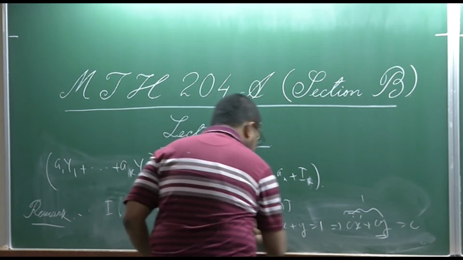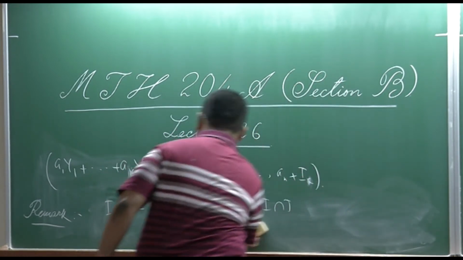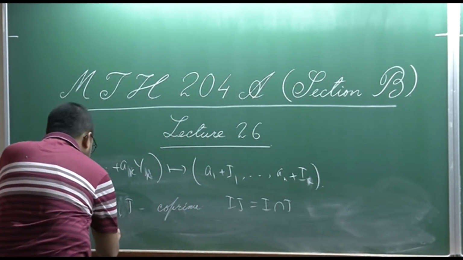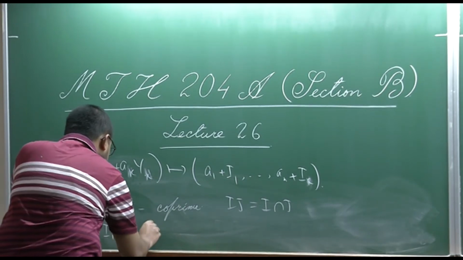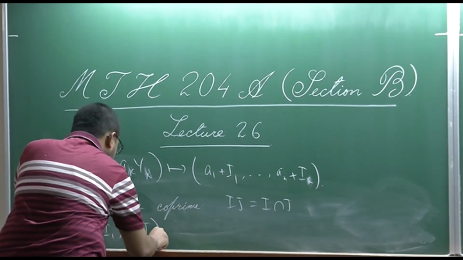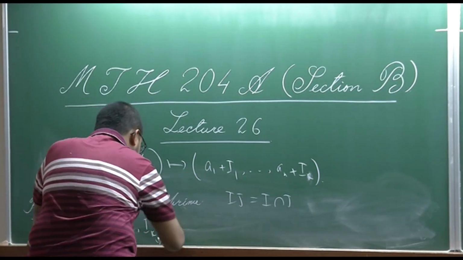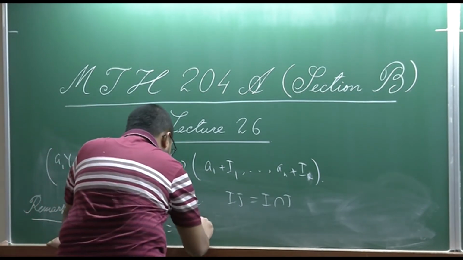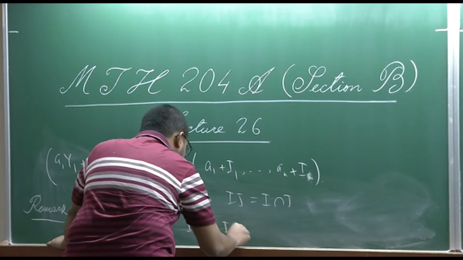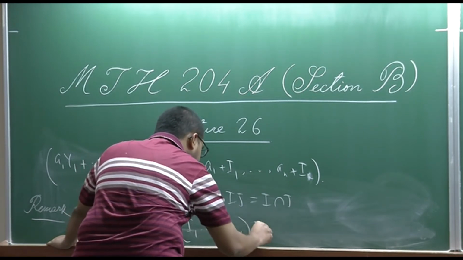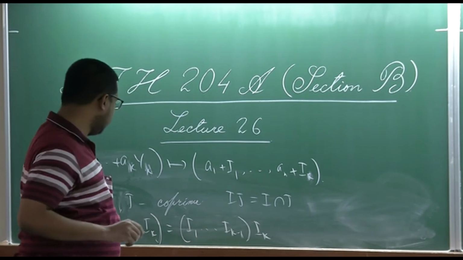Now, the rest is the following, and now it is done actually. For a general collection I_1 up to I_k, what we can do is the following, using associativity: the product of I_1 up to I_{k-1}, times I_k.